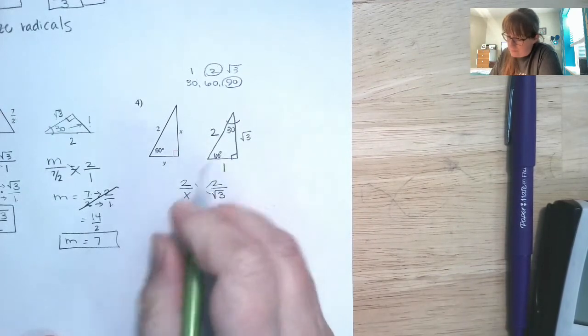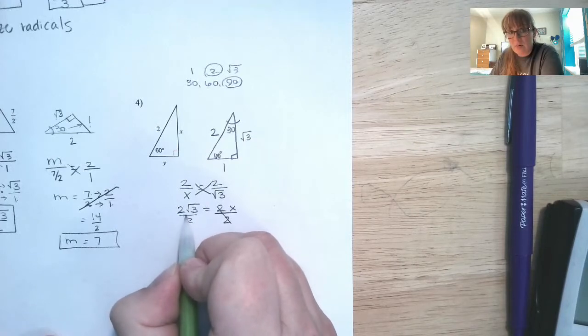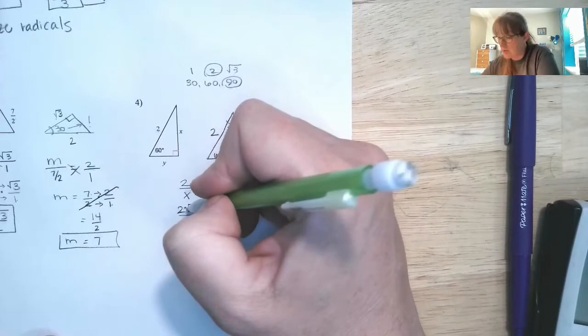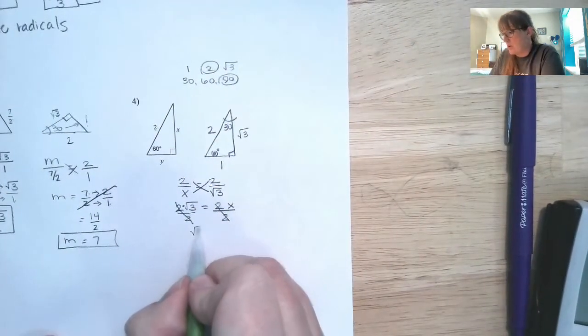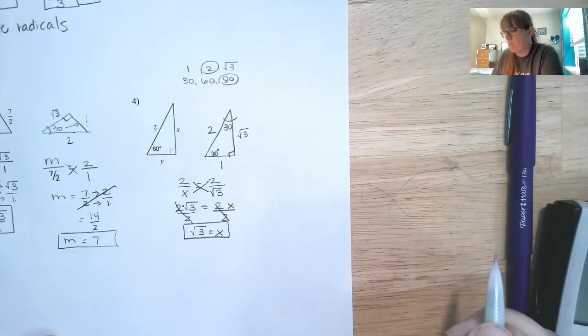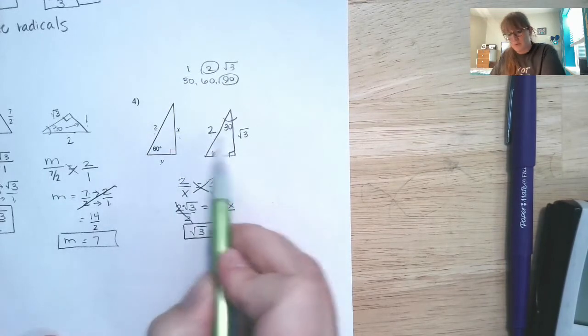Divide by 2. We can cancel these 2's out because this is a multiplication. If it was addition or subtraction, we couldn't. No sign in math means it's multiplication. So cross out the 2's. Square root of 3 is x. Well, don't those look the same? 2, 2, root 3, root 3.